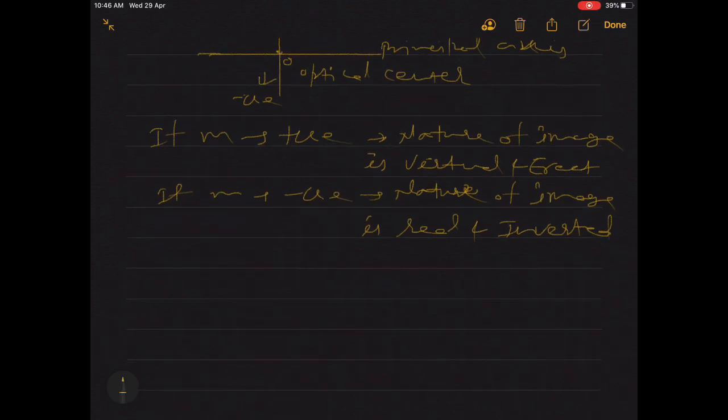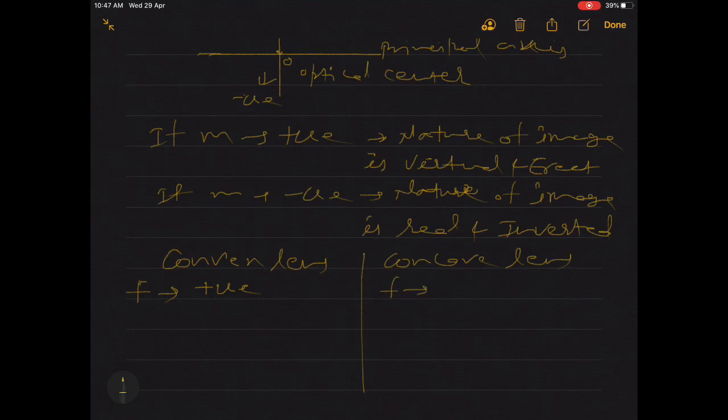If we summarize for the convex and concave lenses, how do we use the sign conventions? For a convex lens, the focus lies on the right side of the optical center, so focal length is positive.